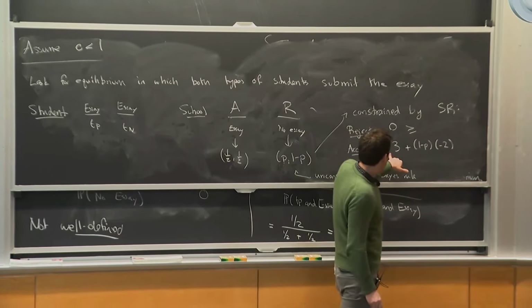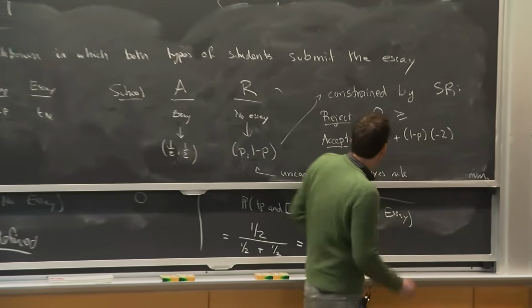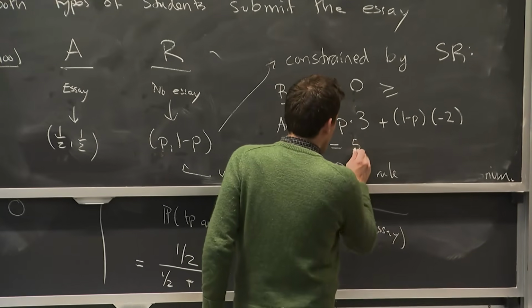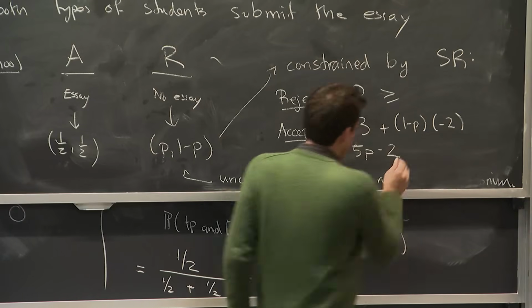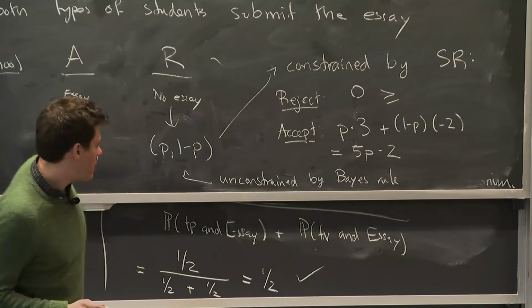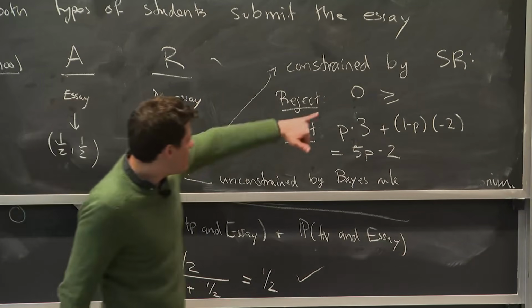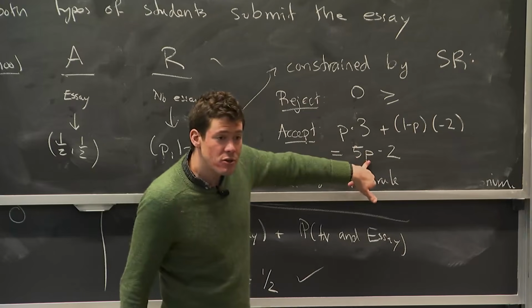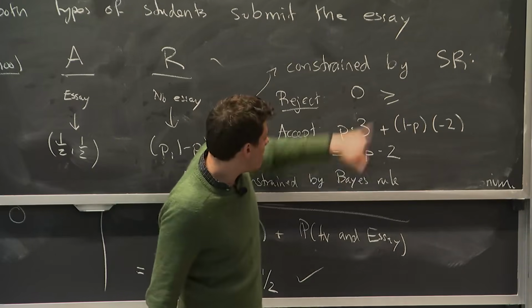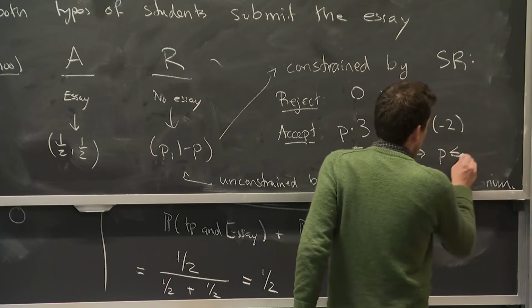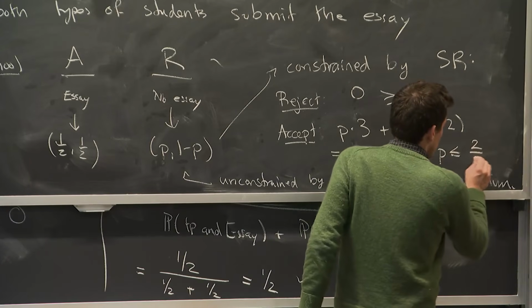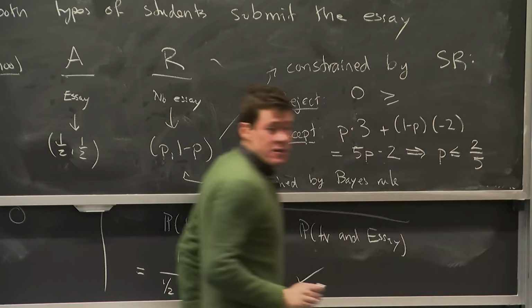We get 3P, and then we get 5P minus 2. That's right. So we need 0 greater than or equal to 5P minus 2. Let's put the 2 over here and then divide by 5. So we must get P less than or equal to 2/5.